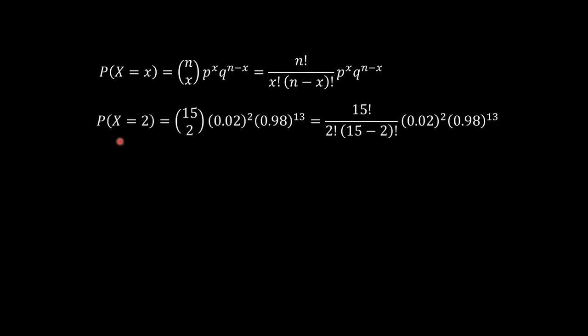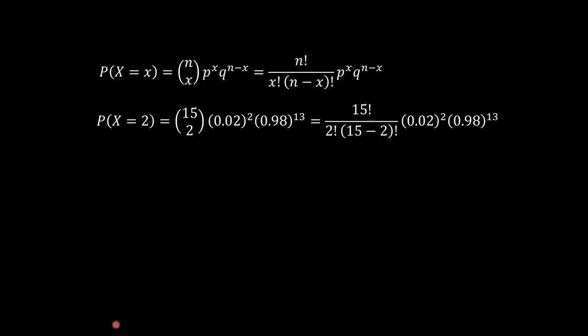The probability that x is 2 is equal to 15 choose 2 times 0.02 raised to 2 times 0.98 raised to 13. 13 because 15 minus 2 is 13. 15 choose 2 is 15 factorial over 2 factorial times 15 minus 2 factorial, and then times 0.02 raised to 2 times 0.98 raised to 13.